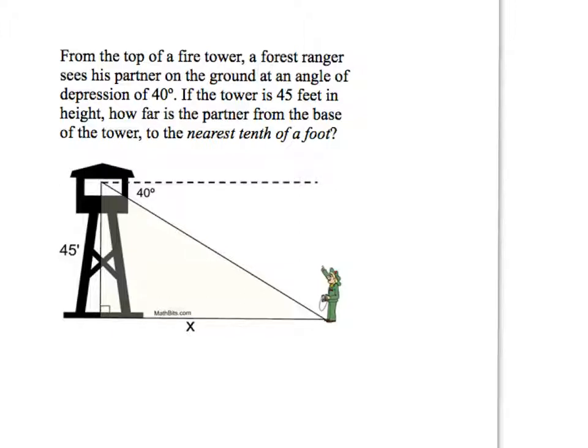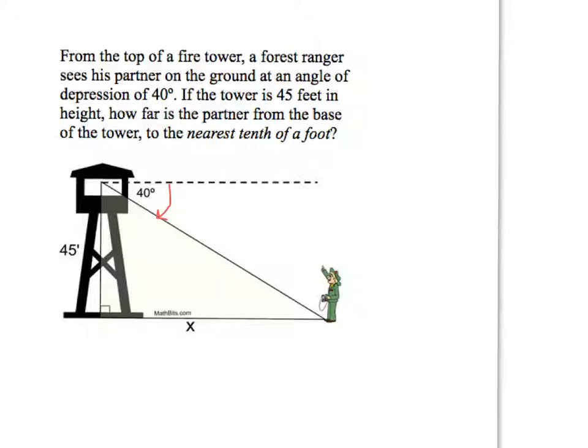So let's look at what we're given. Okay, they gave us that the angle of depression was, right here, 40 degrees. So this 40 degrees is represented by the guy in the fire tower's line of sight and down.